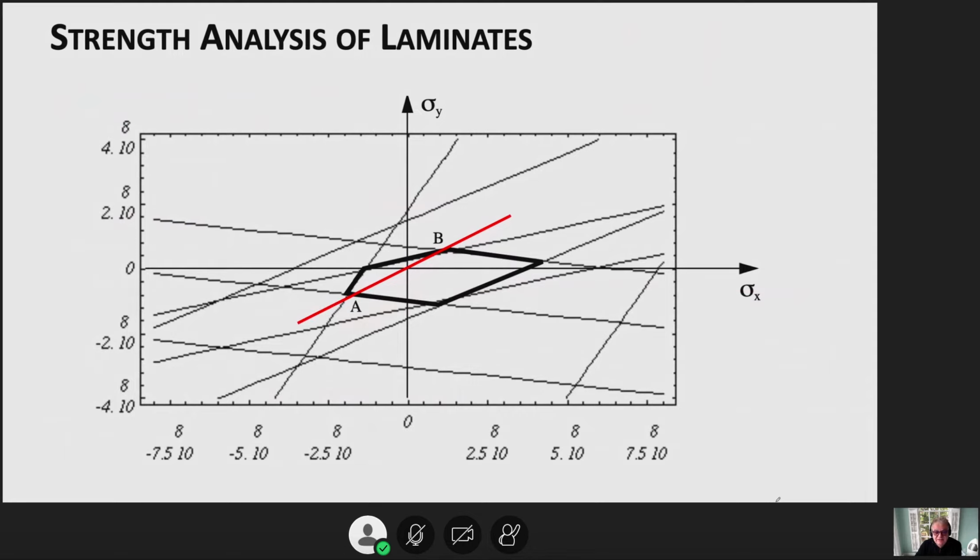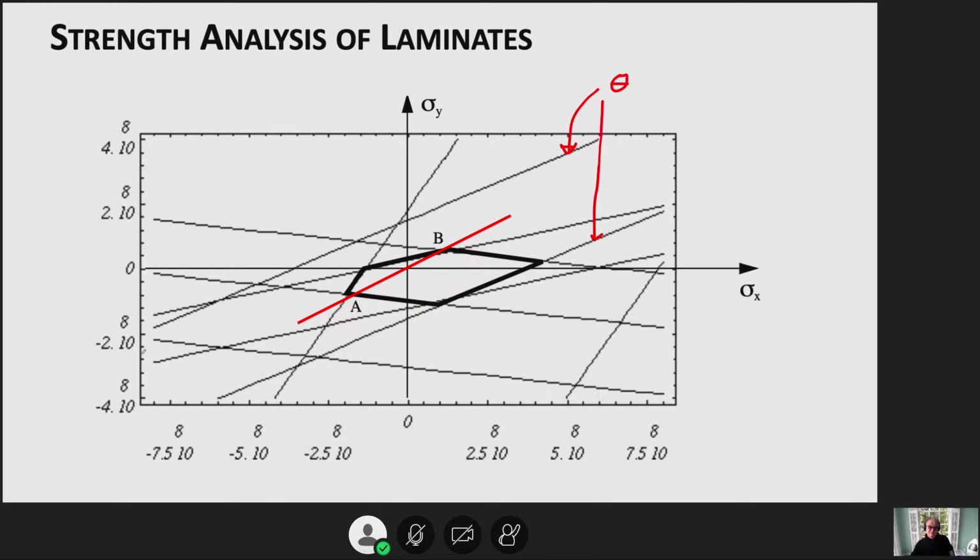What are we seeing here? This is sigma x and sigma y. And each of these lines may show failure of a certain orientation angle. And typically, they appear in pairs. This is one, and this is the other one of the same orientation angles.